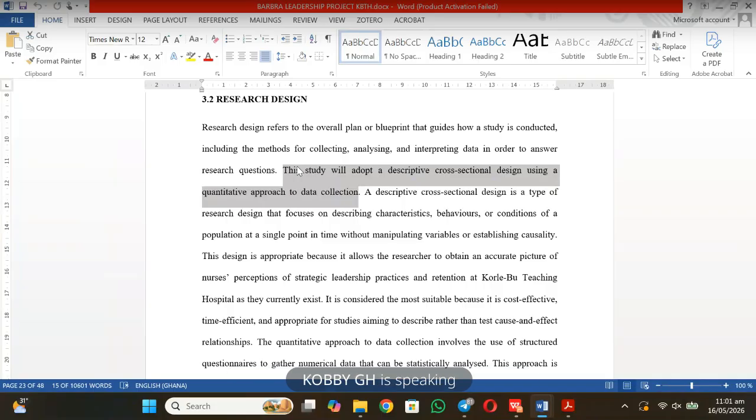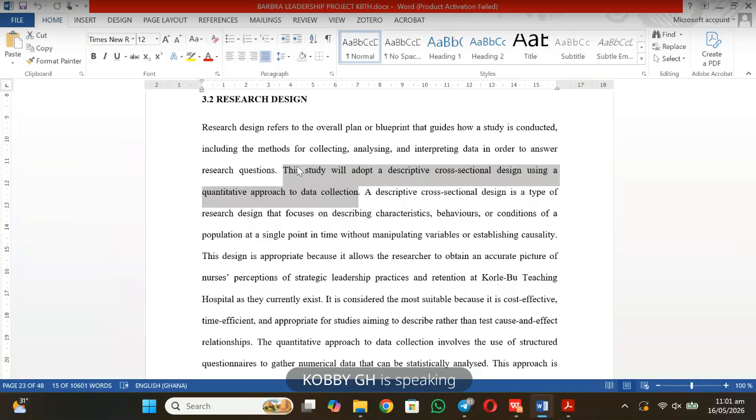Okay, so those of you who will be doing a quantitative study, your second sentence, you write, the study would employ descriptive cross-sectional design using quantitative approach to data collection. Those of you who will be doing a qualitative study, those who want to do interviews, those who want to use an interview guide and do interviews and record, you write, the study would adapt exploratory research design using qualitative approach to data collection.